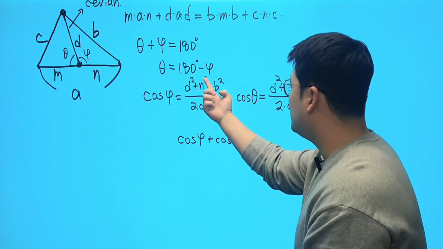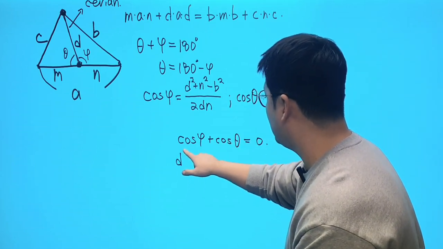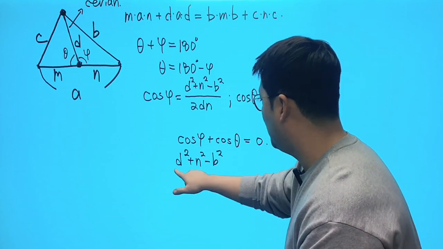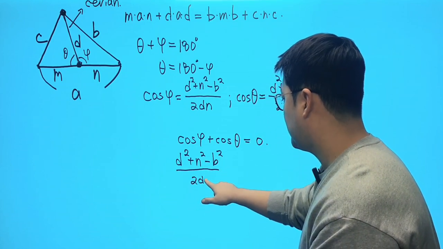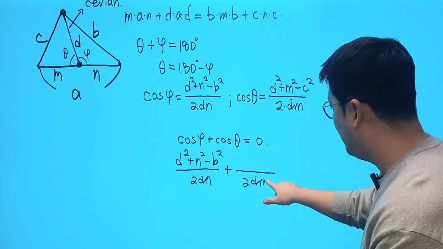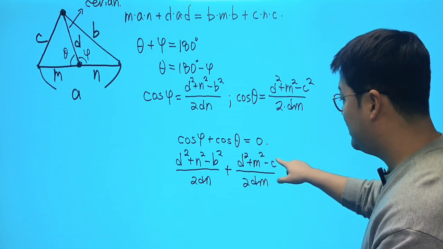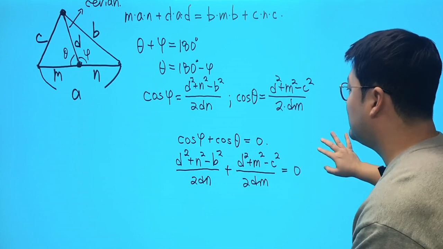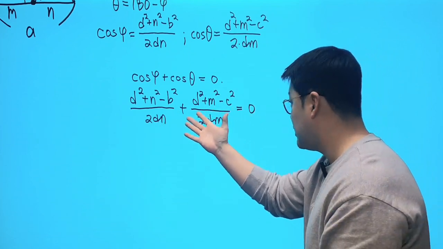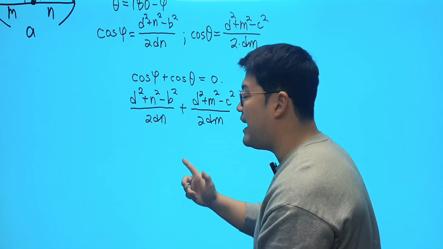So we're just going to substitute these fractions into it and see what happens. We have d squared plus n squared minus b squared over 2dn, plus d squared plus m squared minus c squared over 2dm, and that equals 0. We're going to multiply every fraction, even the right side, by 2dmn.